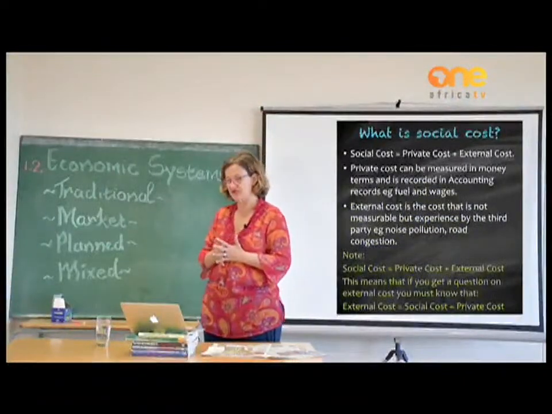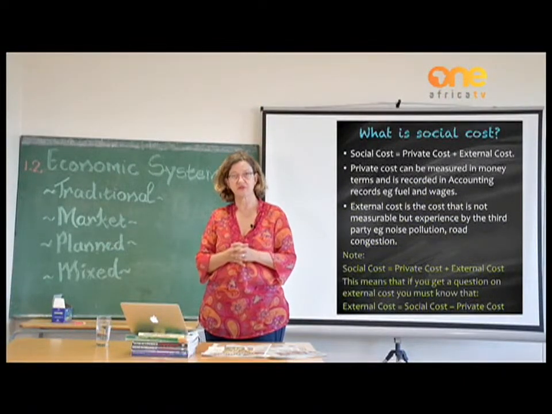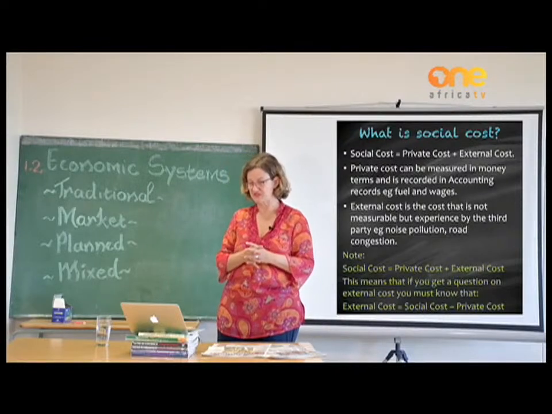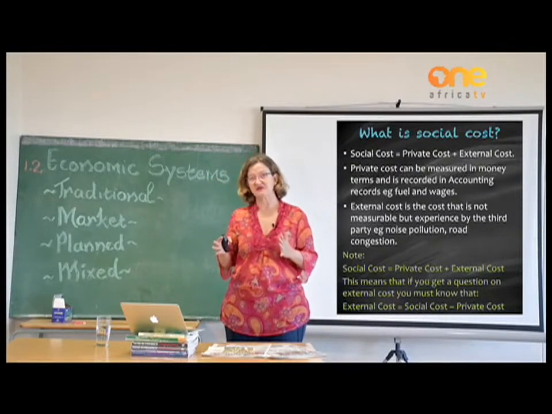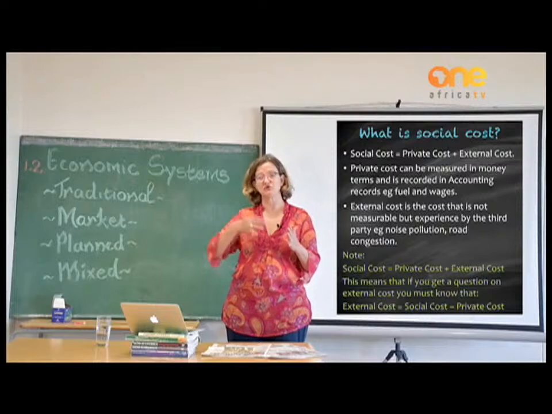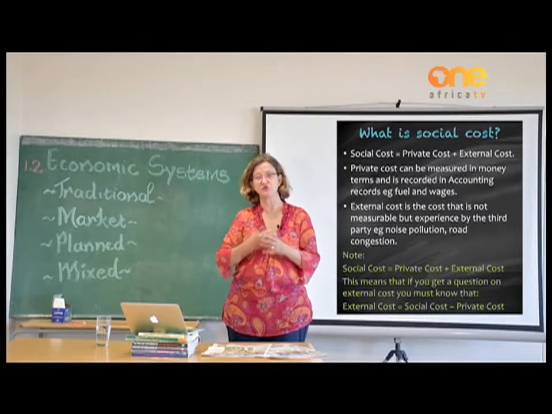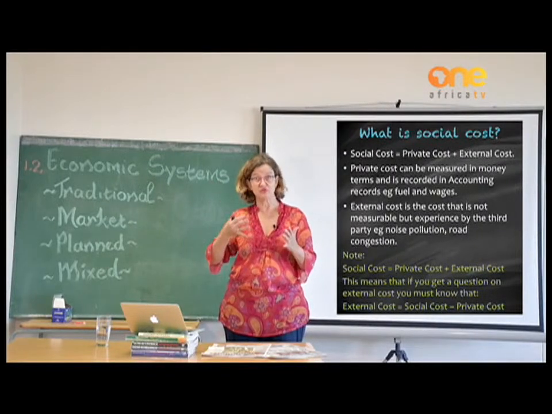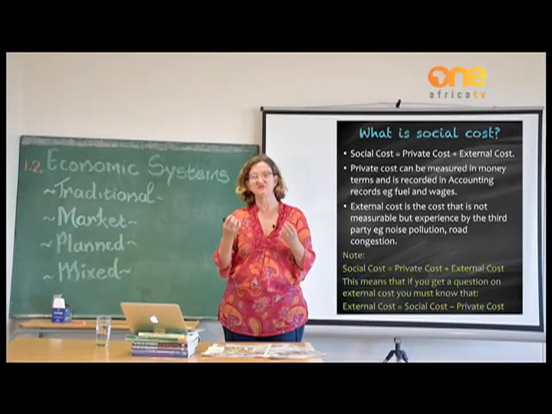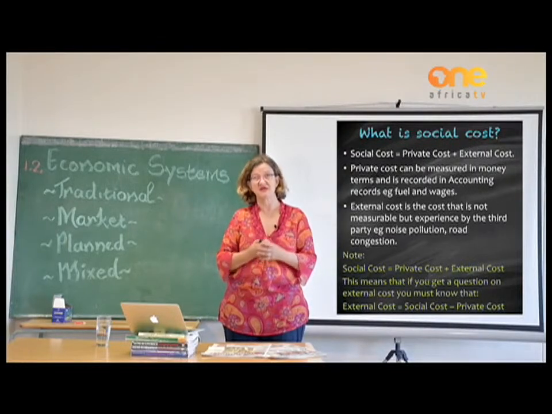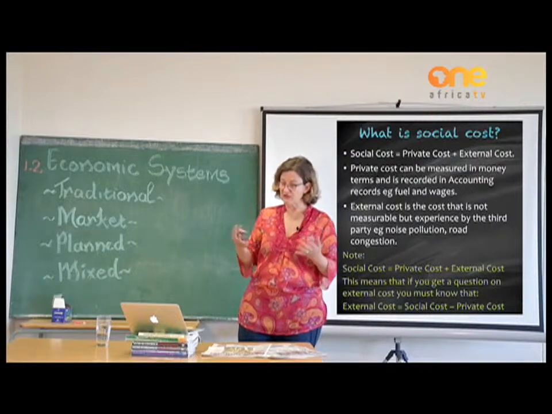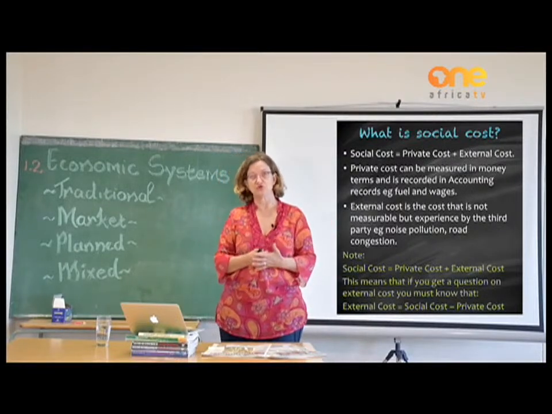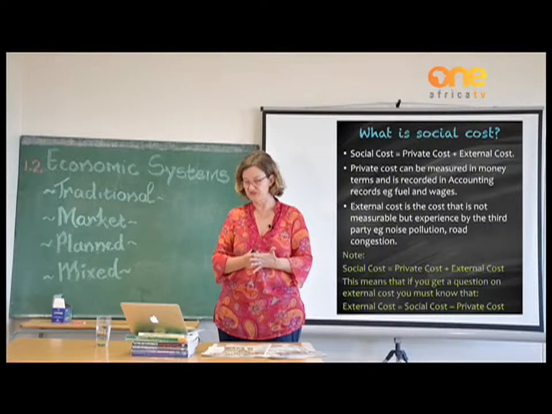Okay, then we look at social cost and social benefits. So you remember that I've said the private sector doesn't consider externalities because when they do consider it, it will decrease their profits. And that is the reason why they don't take it into consideration most of the time.